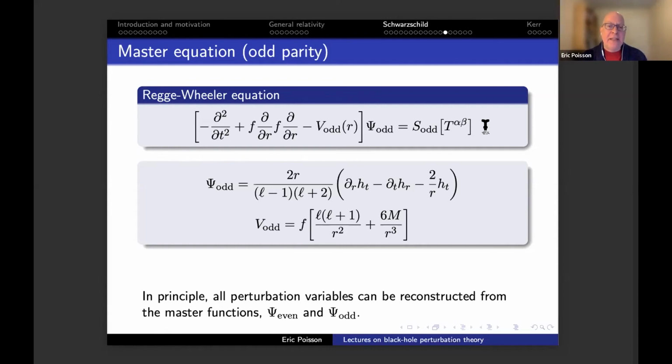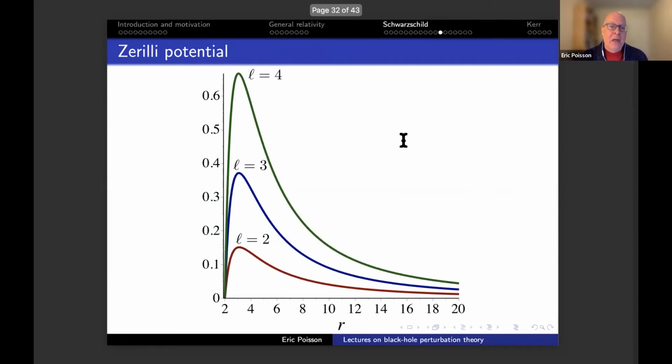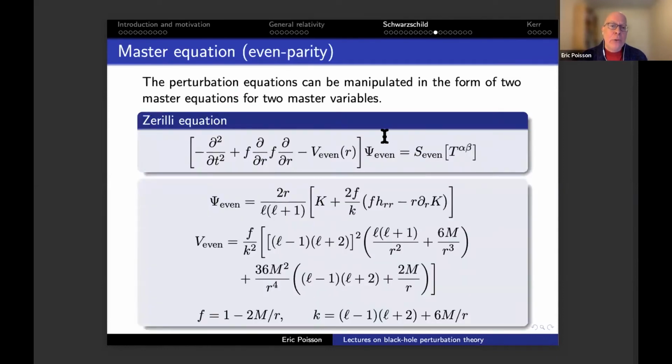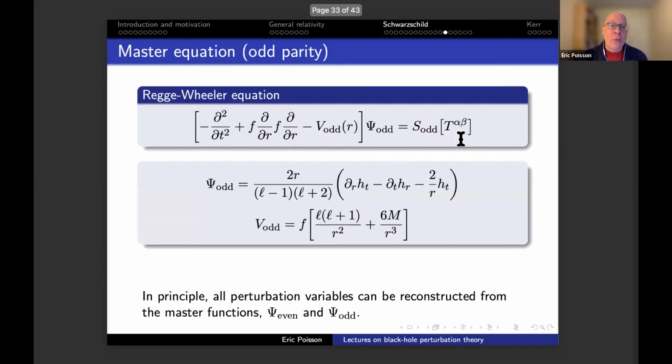Okay, so the statement is that there's a transformation you can apply to psi even, the master function for the Zerilli equation. There's a transformation you can apply to this that involves taking derivatives and doing various things that will transform this equation with the zero right-hand side to the Regge-Wheeler equation with the zero right-hand side.